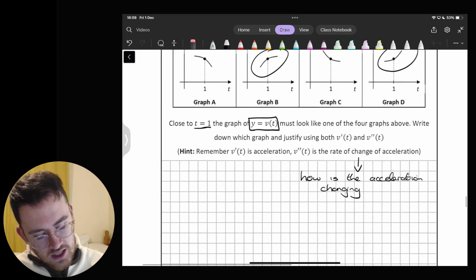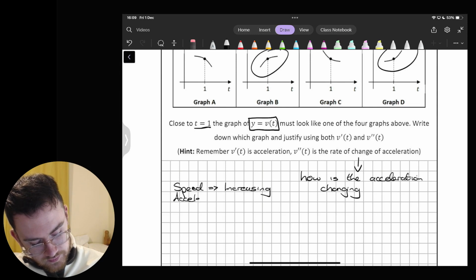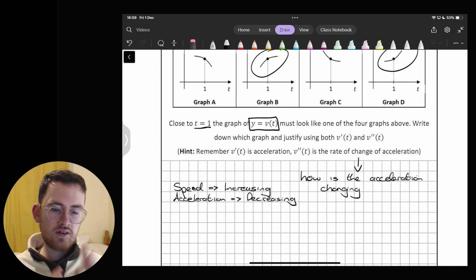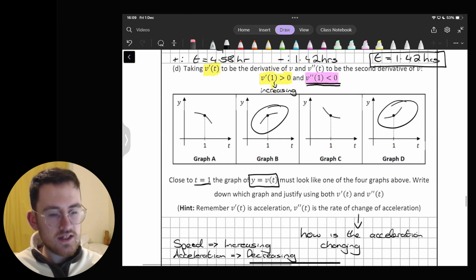So what that suggests to me is that the speed is increasing, but the acceleration is decreasing. That's based on what we already know: the derivative of each function tells us whether it's increasing or decreasing.